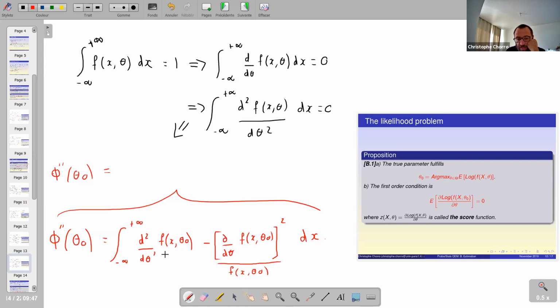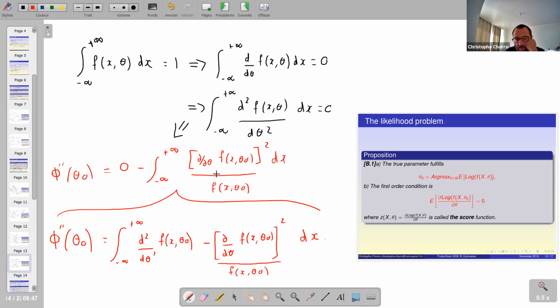The integral of this term is equal to 0. So I have 0 minus the integral between minus infinity and plus infinity of (d over d theta of f(x, theta 0)) squared over f(x, theta 0) dx.